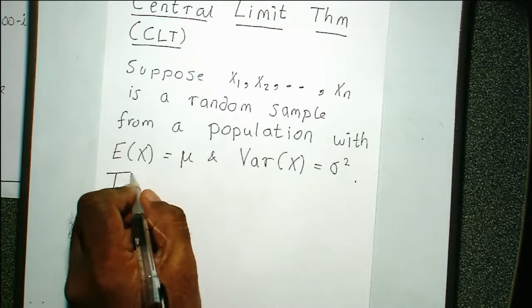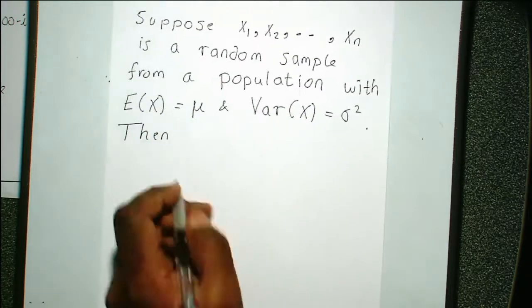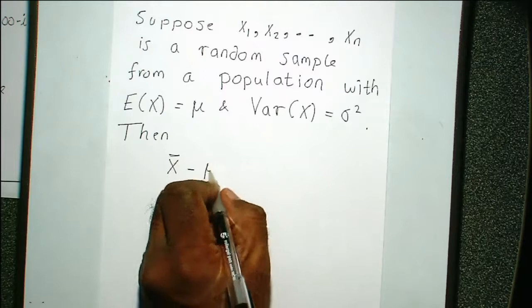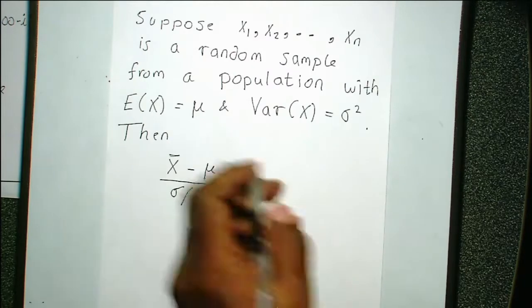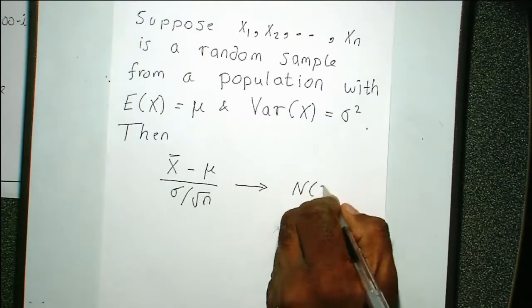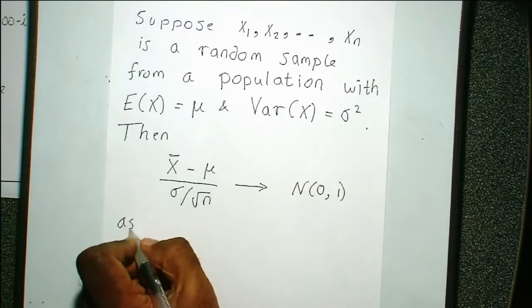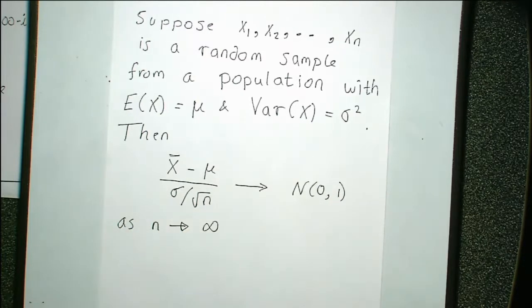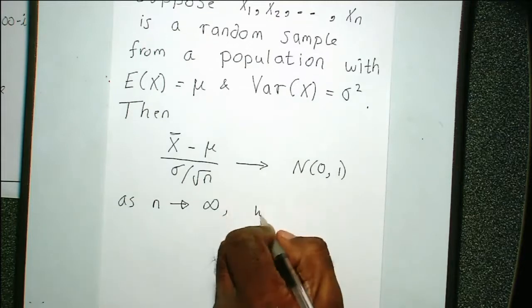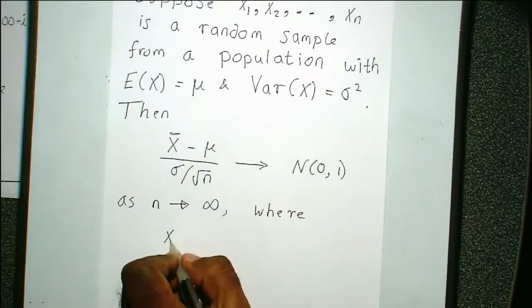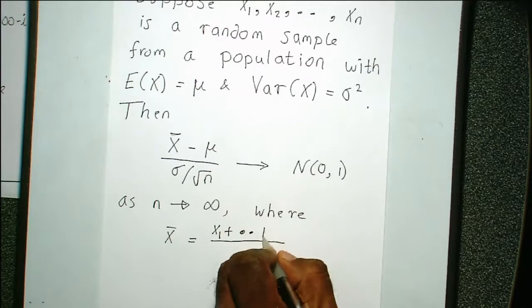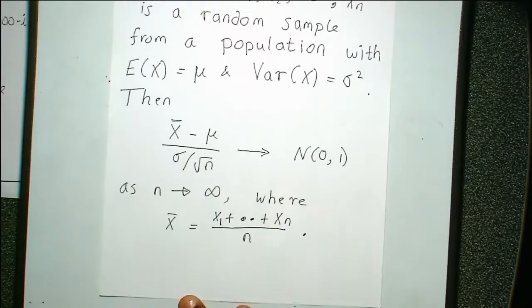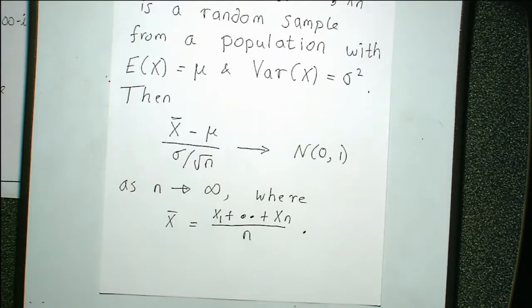The central limit theorem says the following: this quantity approaches the standard normal variable as n goes to infinity, where X bar is the sample mean. This is the much celebrated central limit theorem.